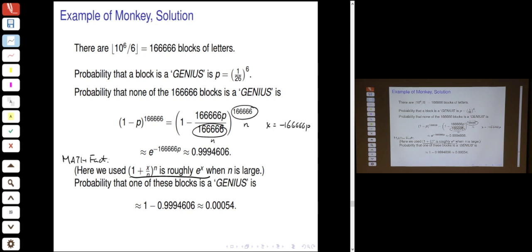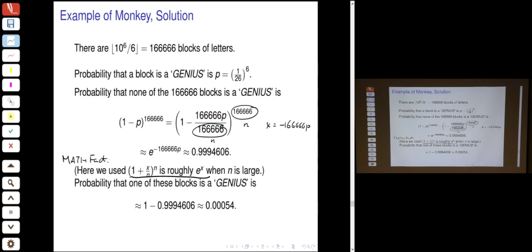So by using that fact, this is roughly e to the this. It's still probably tedious to compute, but better than computing this to this power. So you can use a computer or calculator.